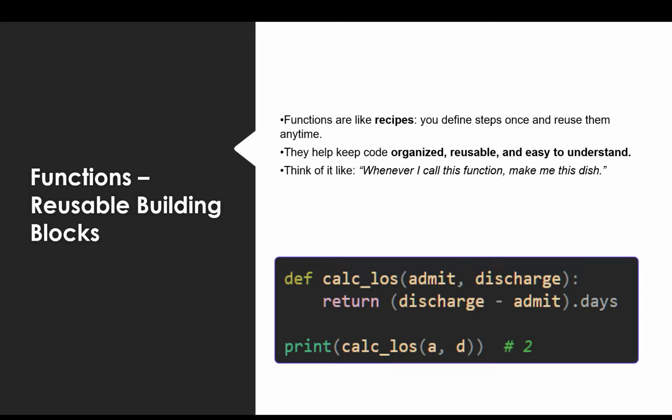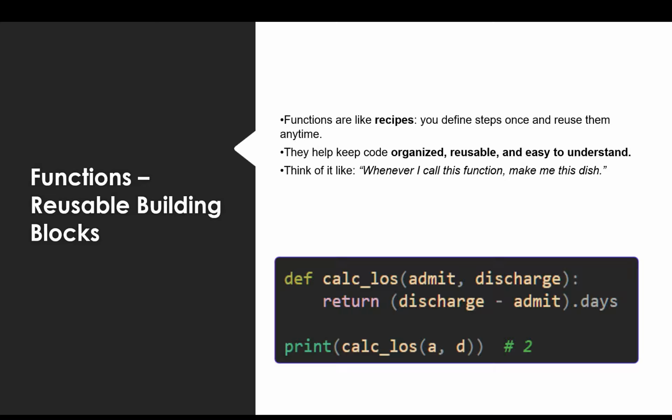Now, this is doing something very simple, so it seems like it's unnecessary, and it is. That's the truth. This would not be a type of function that we would write, but you're going to see plenty of examples of functions later in my code and or through other content. So I just want you to see the basics of what we're talking about. That def word just means that we are defining a function here.